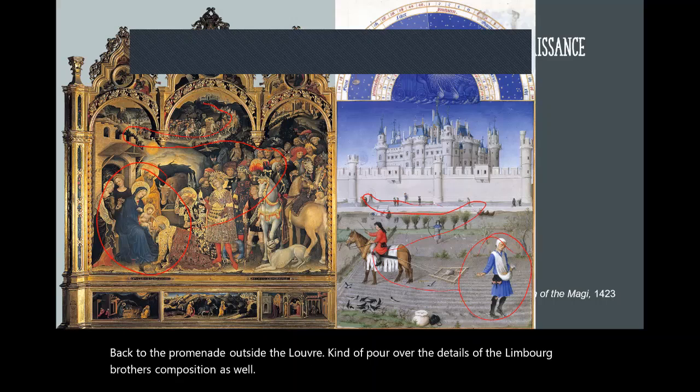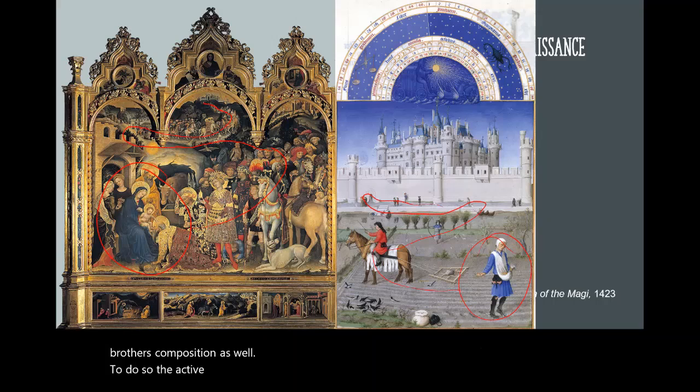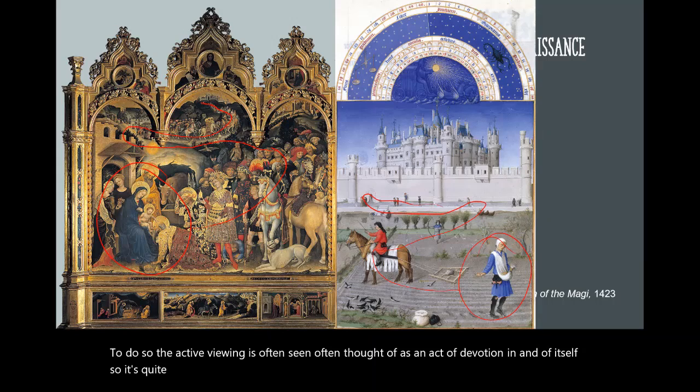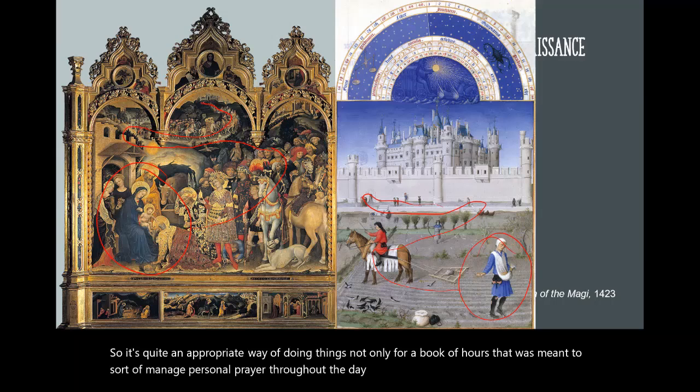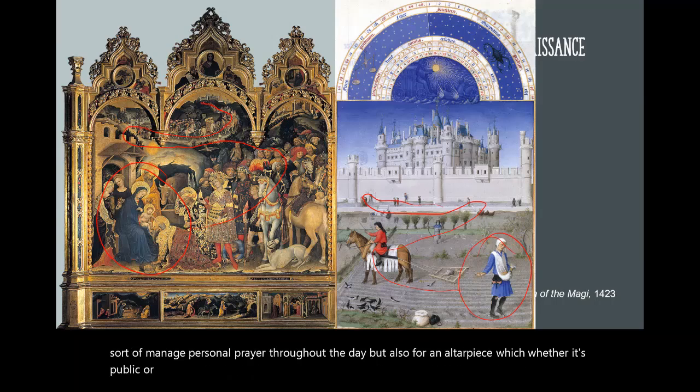To do so, the act of viewing is often thought of as an act of devotion in and of itself. So it's quite an appropriate way of doing things, not only for a Book of Hours that was meant to manage personal prayer throughout the day, but also for an altarpiece, which, whether it's public or private, is meant to again set the mood, set the tone for worship.